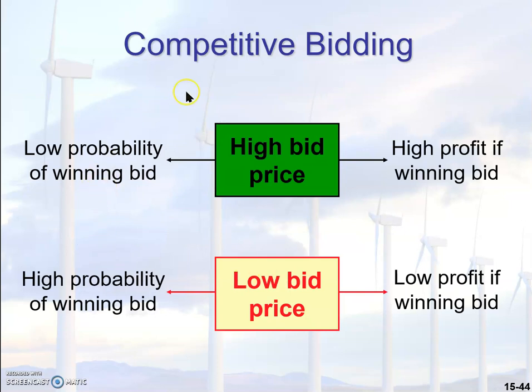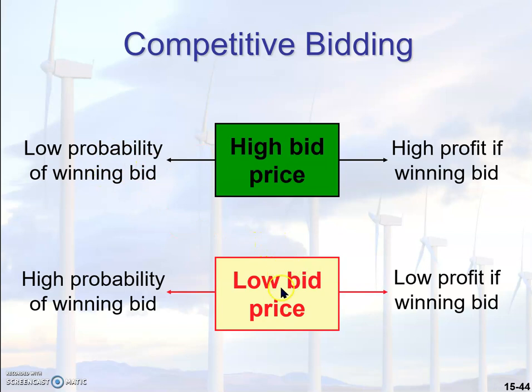And another one is competitive bidding. When they submit a tender, they can set it high, but there will be a low probability of winning the bid. When this happens, they have very high profit if they do win the bid.